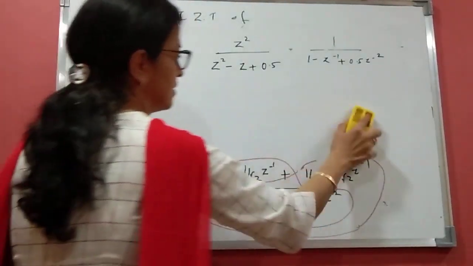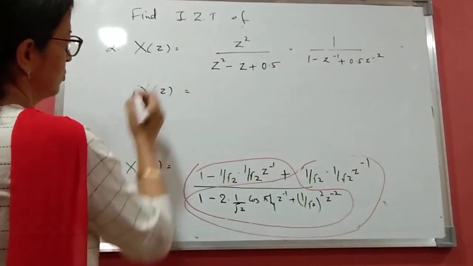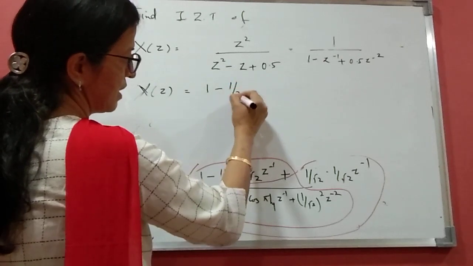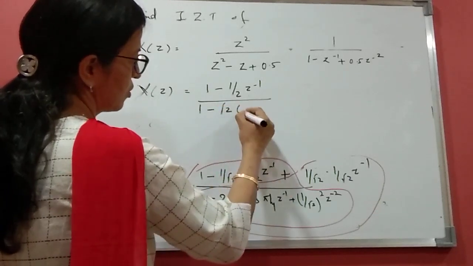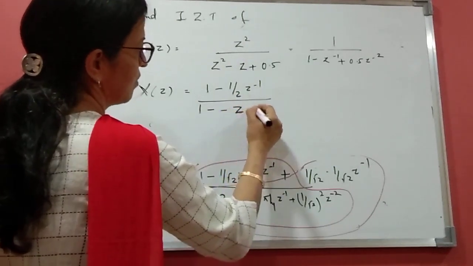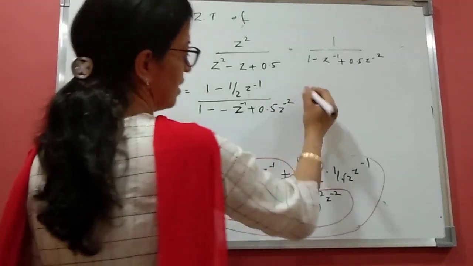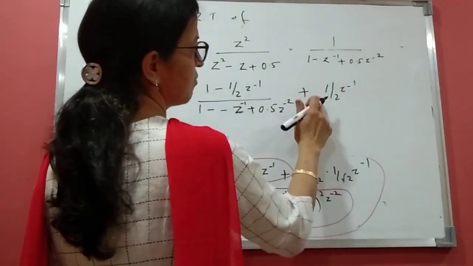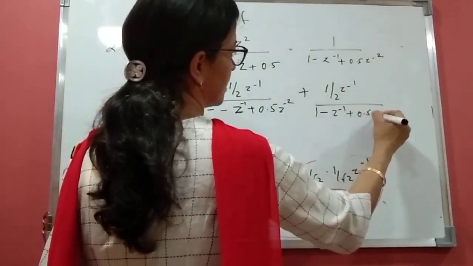X of z equals 1 minus half z inverse upon 1 minus 2 into 1 by root 2 cos pi by 4, which is again 1 by root 2, z inverse plus 0.5 z raised to minus 2. Then plus 1 by root 2 into 1 by root 2, which is half, because minus half plus half comes to be 0 and we want 1 here, upon 1 minus z inverse plus 0.5 z raised to minus 2.